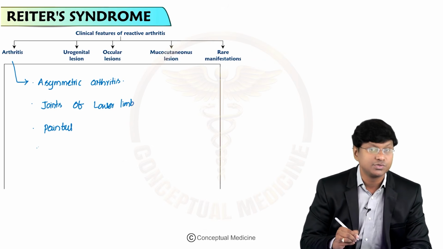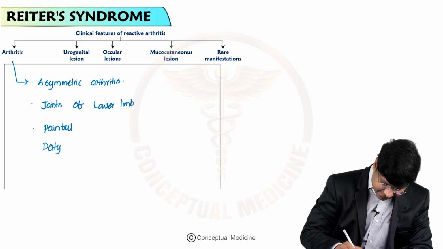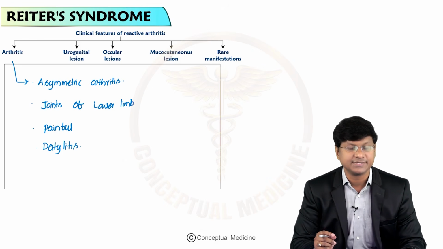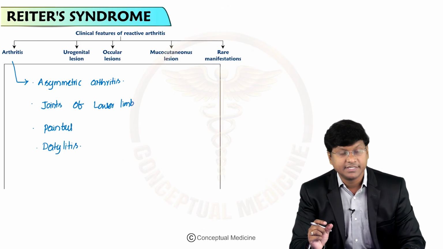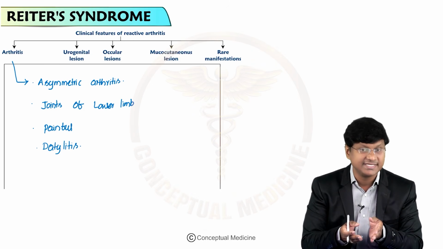And there is also dactylitis. So what do you understand by this word dactylitis? Dactylitis is the inflammation of the digits where you have sausage shaped digits.